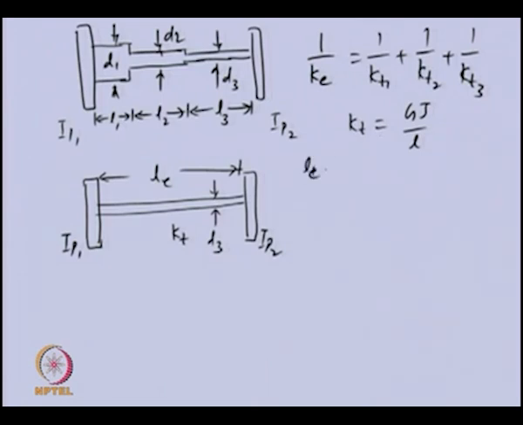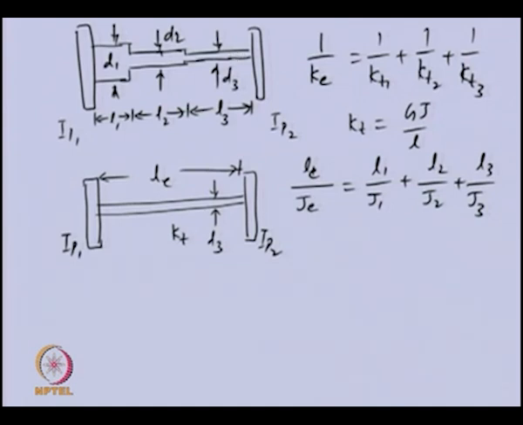L equivalent divided by J equivalent, which is L1 by J1 plus L2 by J2 plus L3 by J3. Basically J3 and JE are the same, because we are converting the equivalent system to the diameter of the third shaft segment.